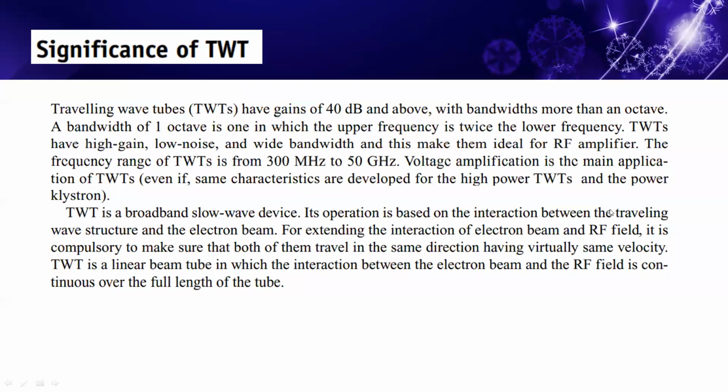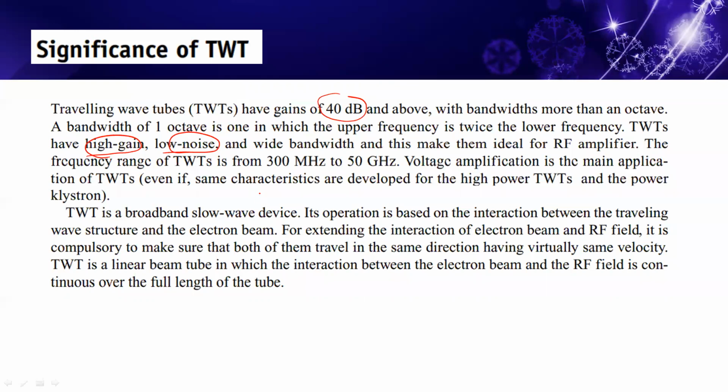So these are the main significances of the traveling wave tube. Number one, it has very good gain, approximately 40 dB gain. Similarly, bandwidth, it provides high gain, low noise amplifier design.